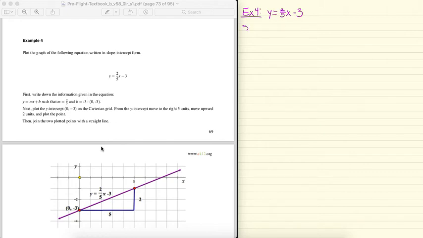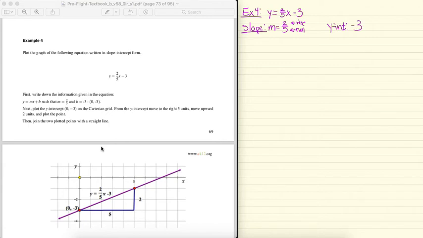Here my slope is 2/5. So 2 is representing my rise, and the positive 5 is representing the run. My y-intercept, or where we cross the y-axis, is negative 3.